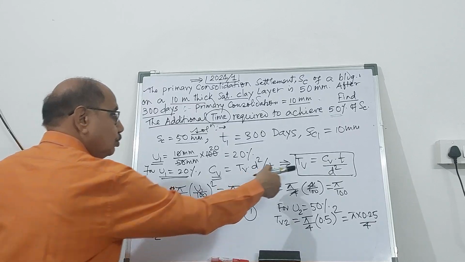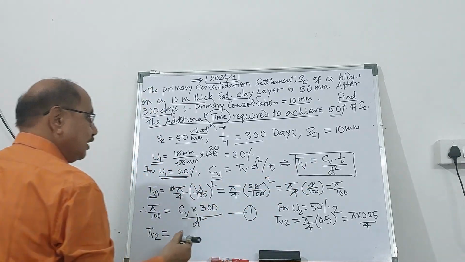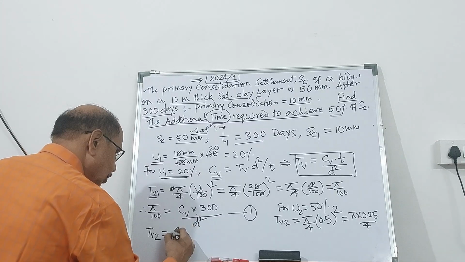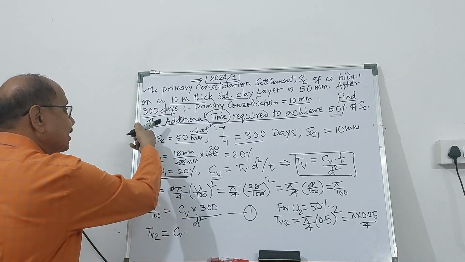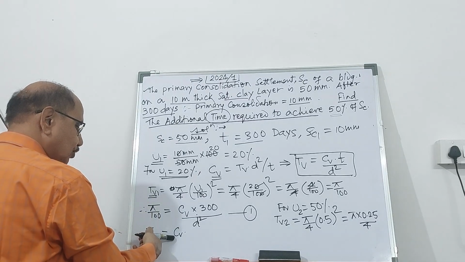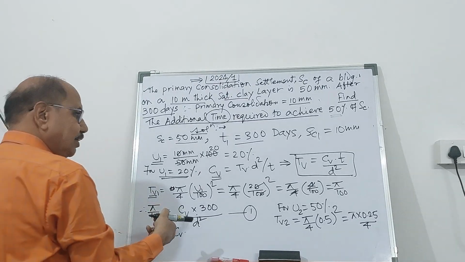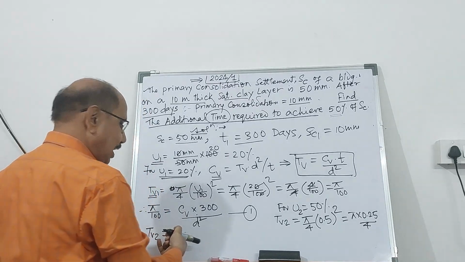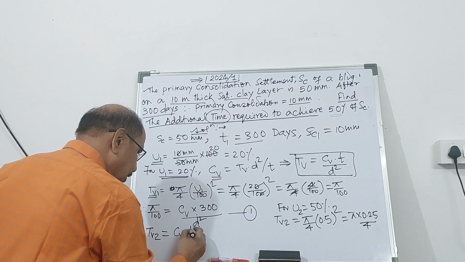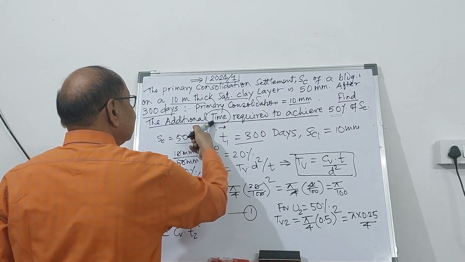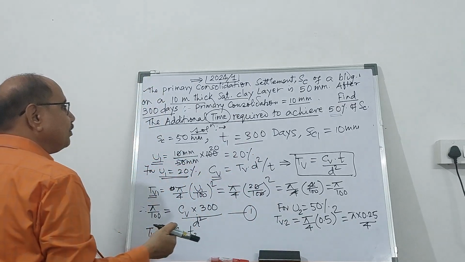So TV2 will be equal to CV into T. For the same clay, there is no change in the coefficient of consolidation CV. So the coefficient of consolidation CV remains the same. Time T2 you have to find out, that is the additional time required to achieve 50%.